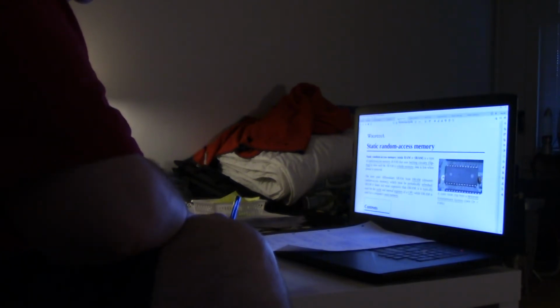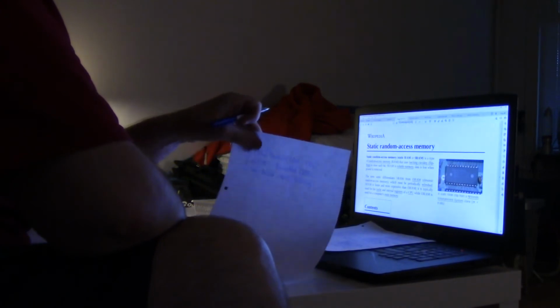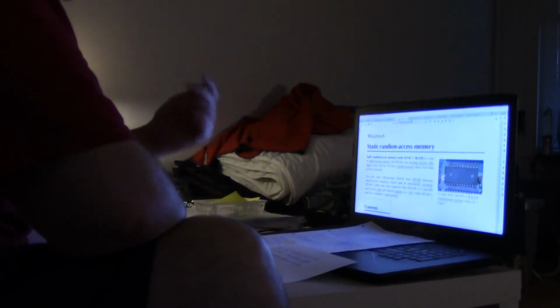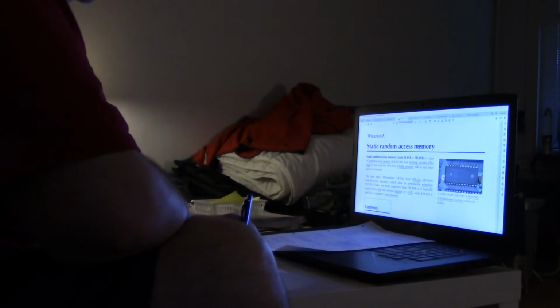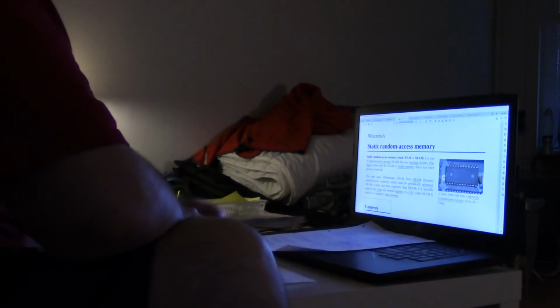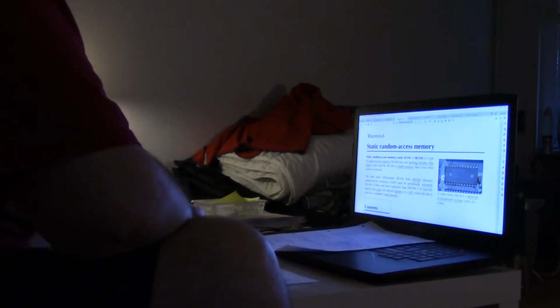Access. Yes, I have to write it a little bit slow because if I write too fast I cannot read my own handwriting. So I have to write a little bit slow so I can read it again later myself. There's dynamic random access memory. Because there are some long words, it takes a long time to write it down.